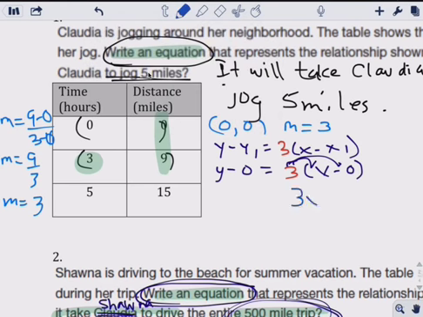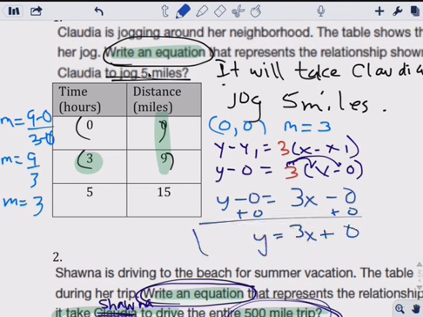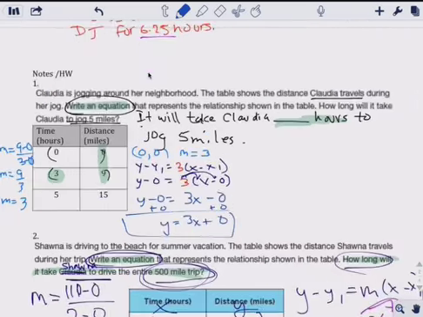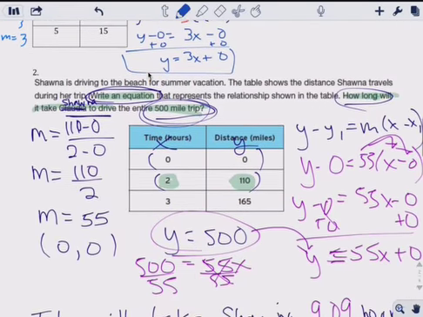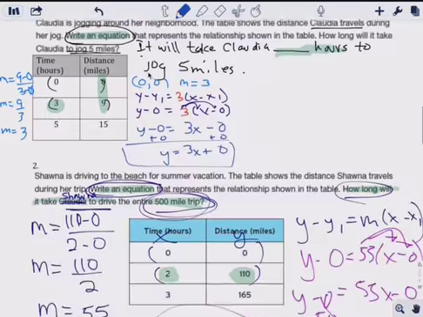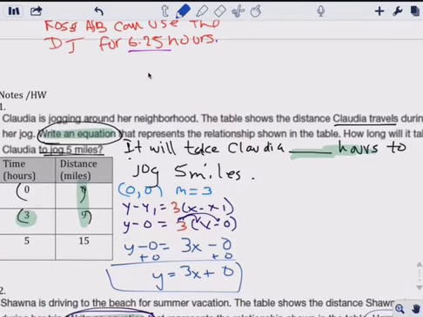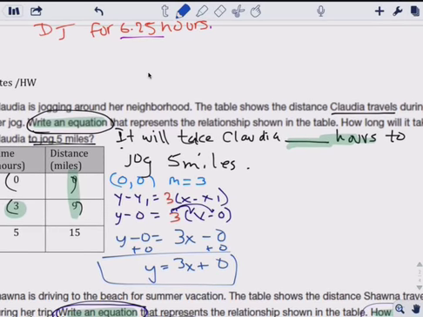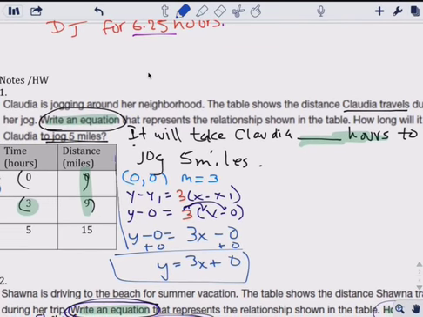That's 3x minus 0, and y minus 0 is still y. Graph that. Okay, that answers the equation.